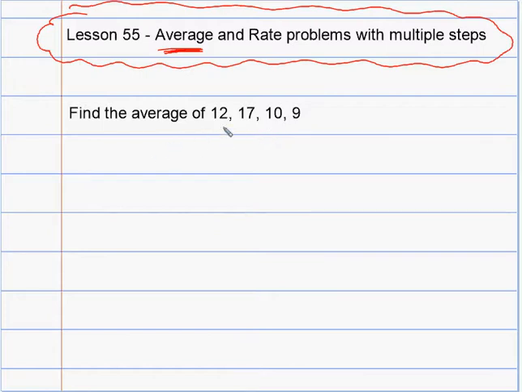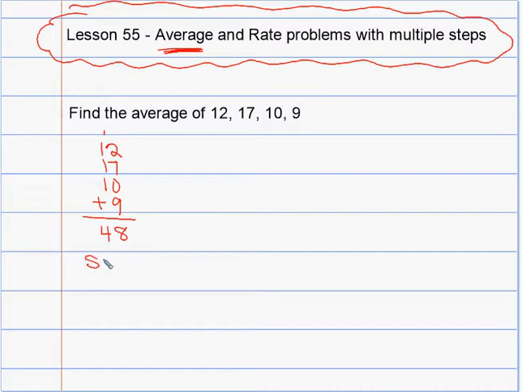Okay, and you know that to find the average, I need to get a sum of the numbers. So I need to get a sum: 7, 8, 9, 18, 1, 2, 3, 4, 48.